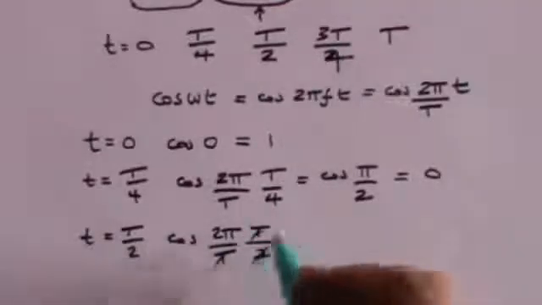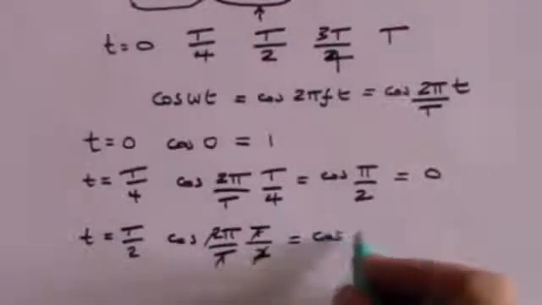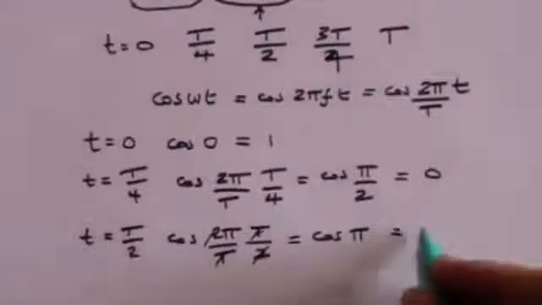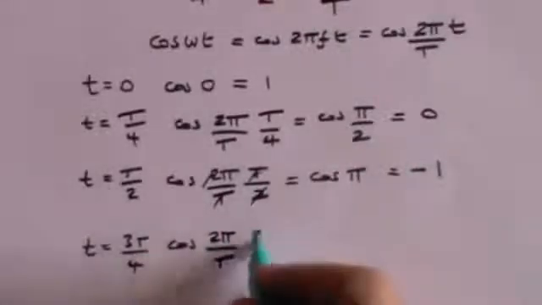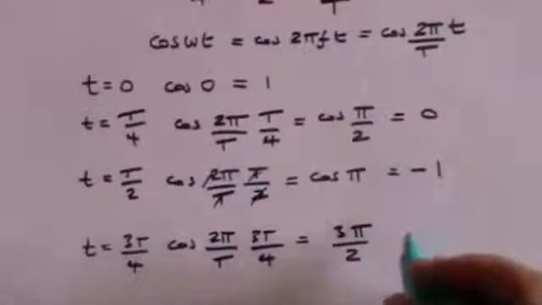The T's cancel, the 2's cancel, and that's going to be the cosine of pi, and the cosine of pi is -1. And then when t is equal to 3T over 4, the cosine term will become 2 pi over T times t, which is now 3T over 4, and that is going to give you 3 pi over 2, 1.5 pi.